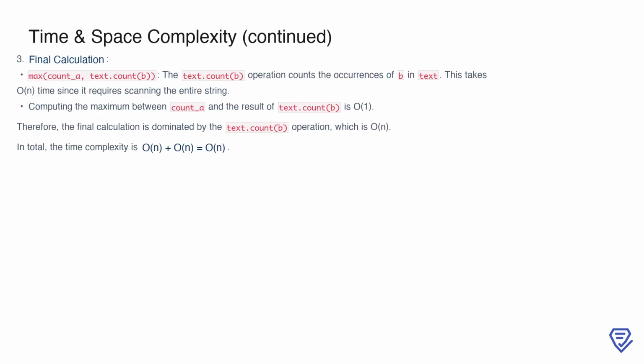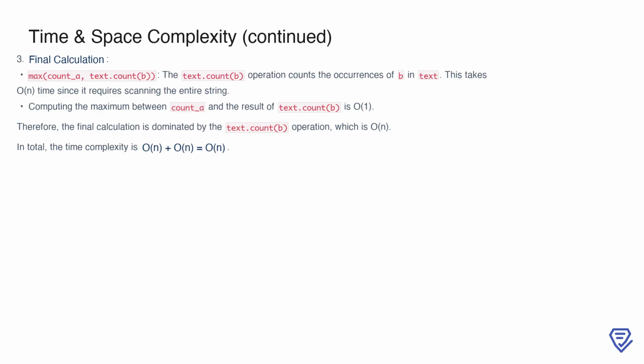Next, we analyze the final calculation step. Here, the algorithm computes max(count_a, text.count(b)). The function text.count(b) scans the entire string to count the occurrences of b, which takes O(n) time. Comparing the result of text.count(b) with count_a to compute the maximum is a constant time operation, O(1).